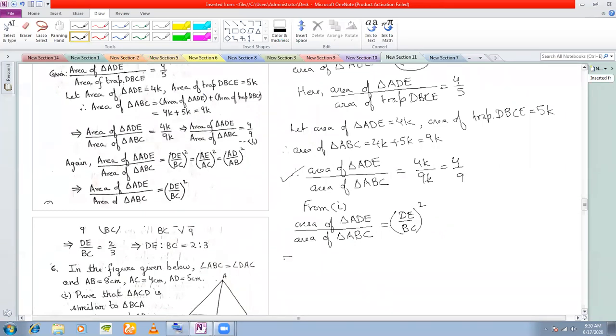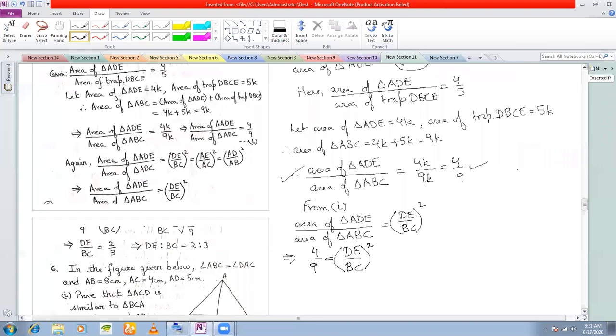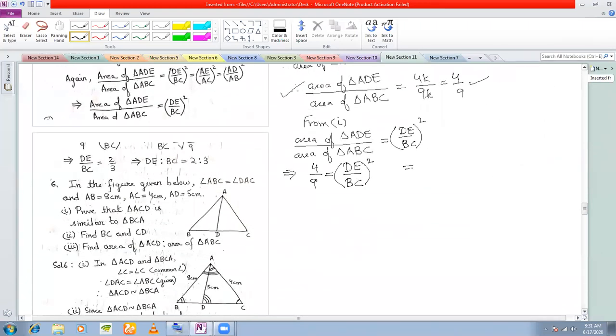Okay. And what do I know? Ratio of the area of the two triangles, I know them to be 4 by 9, which is equal to DE by BC whole square. Okay. So that means what is DE by BC? It is the square root of 4 by 9.